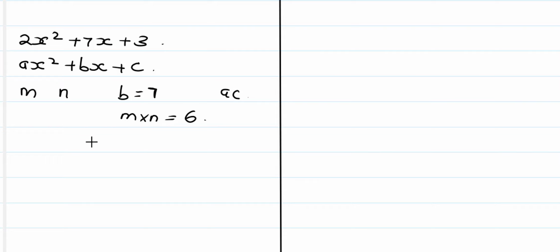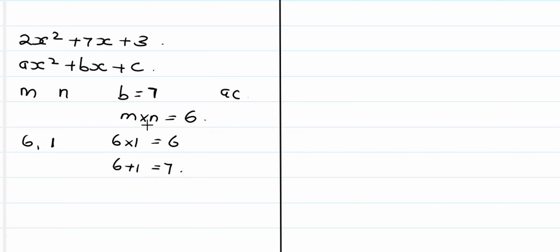So, with two numbers which when we multiply give us 6, and when we add give us 7, I think the numbers would be 6 and 1, because 6 multiplied by 1 is 6, and 6 plus 1 is 7.